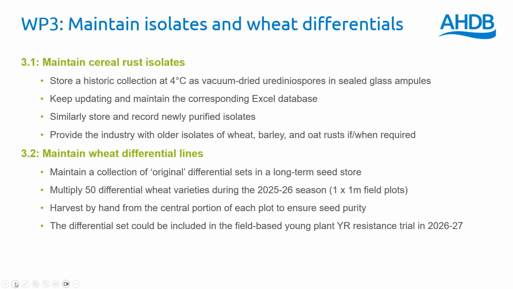All the lines will be harvested by hand from the central portion of the plot to ensure that we have a pure seed. There is no seed contamination. And as I said, those lines could be included in the 2026-27 trial.